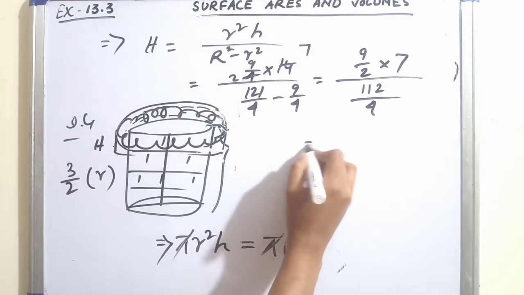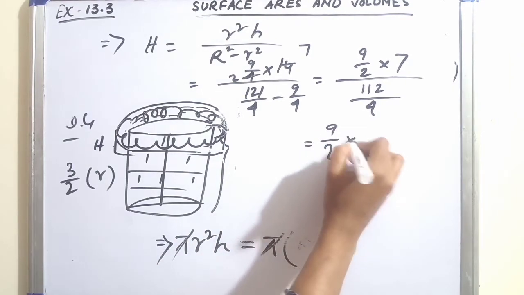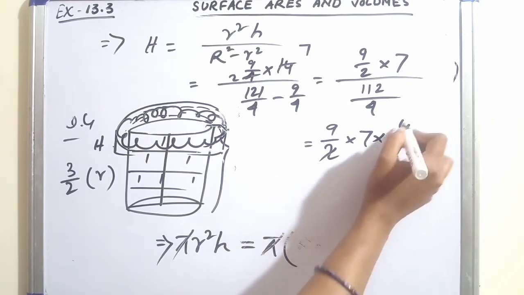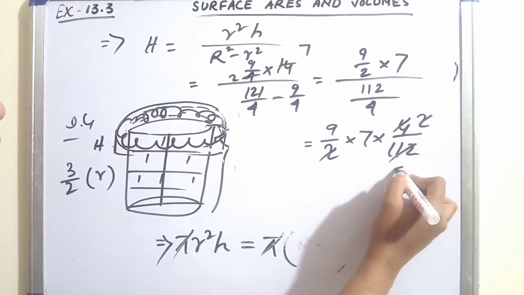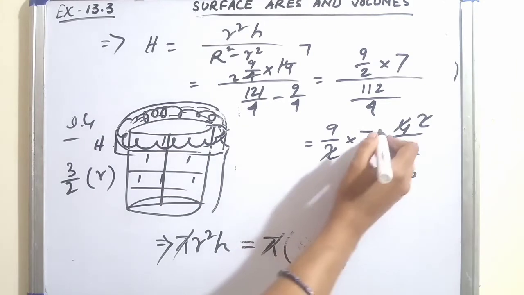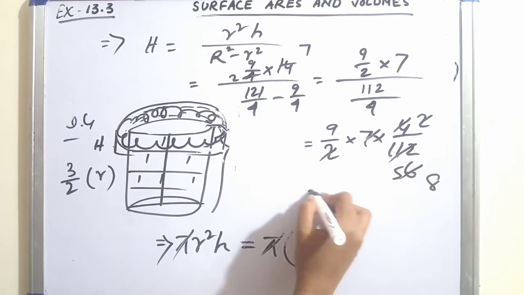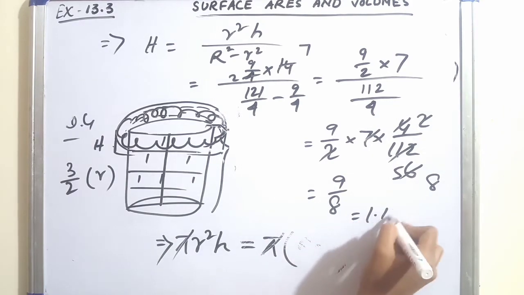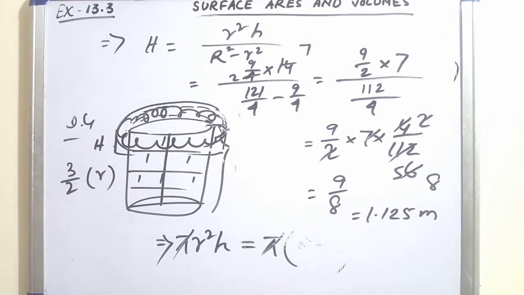So 9 by 2 into 7 into 4 upon 112, that means 9 upon 8, that means 1.125 meter. That's the required answer, the height of the embankment.